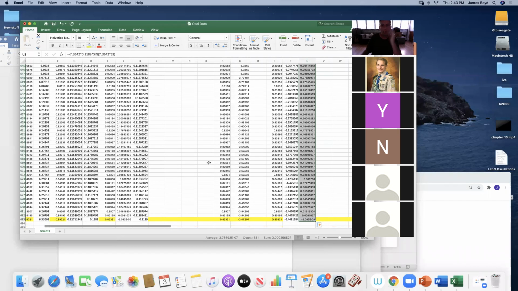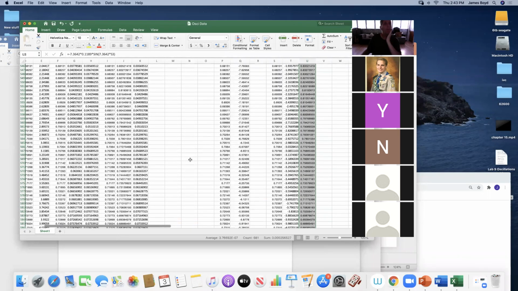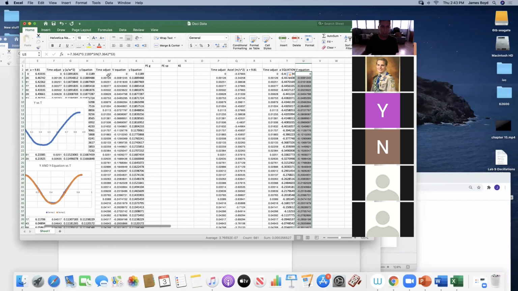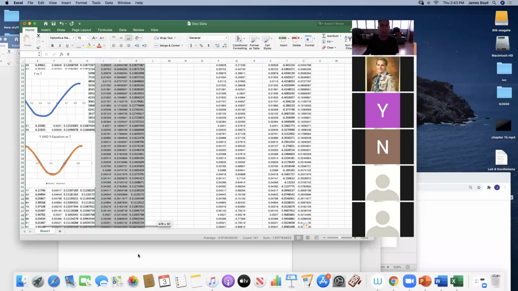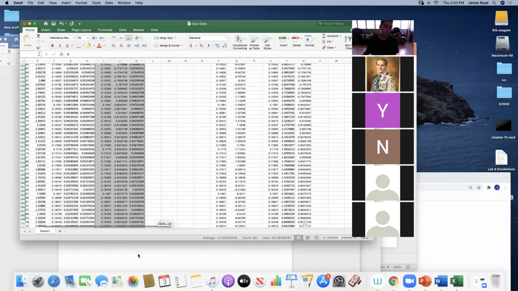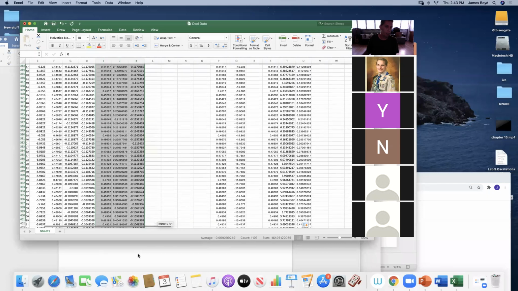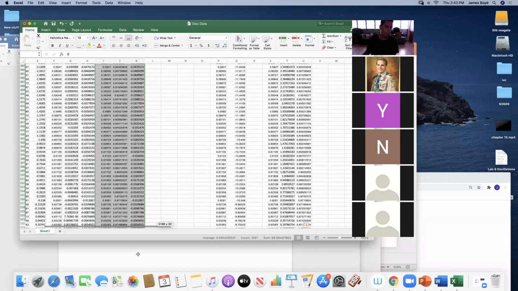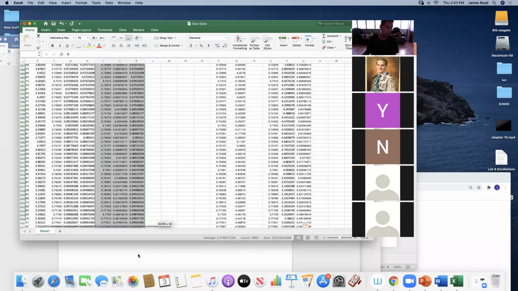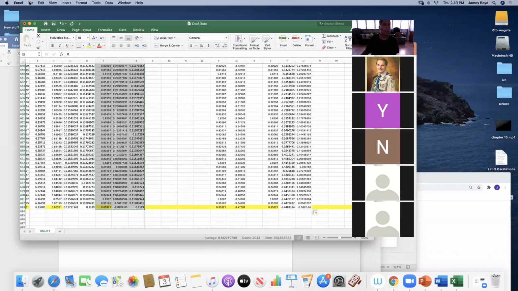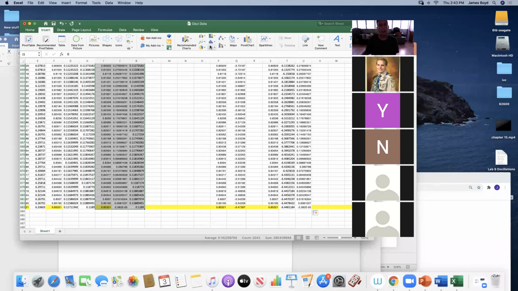Okay. So what we need to make is a graph of V versus Y. So select I, J, and K. Make sure that the equations are correct. And we're going to see something kind of cool. Insert a graph.